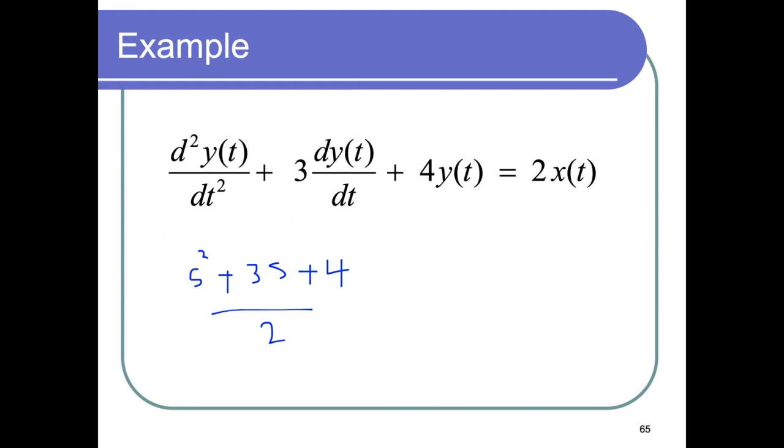Okay, what is the output of the system? Output x of s. Okay. What is the input of the system? y of s. Is this x of s over y of s? Yes. Okay, I think you're right. If we assume that the output is x, you're right.